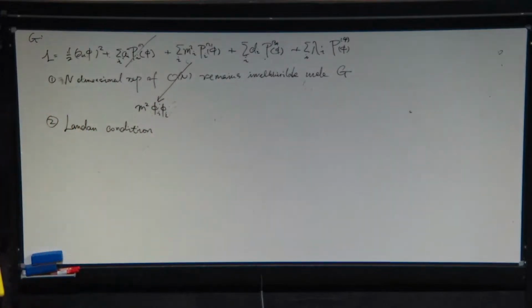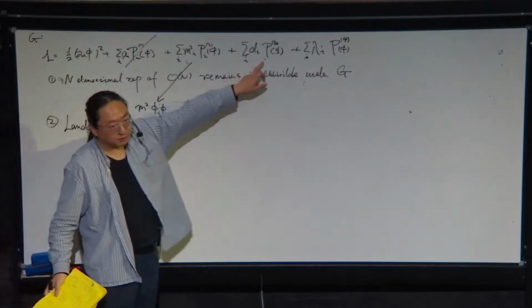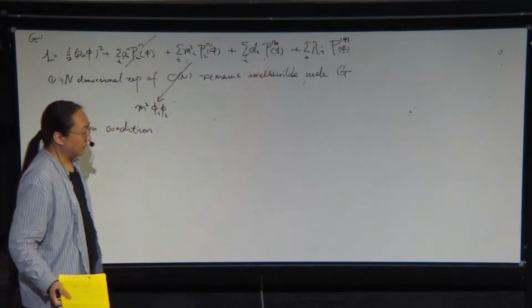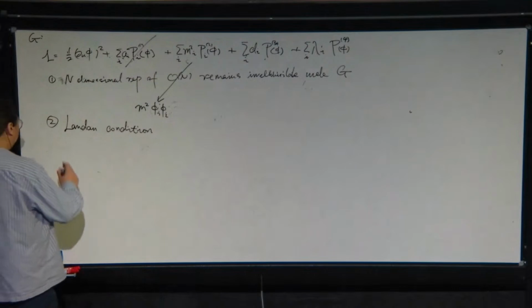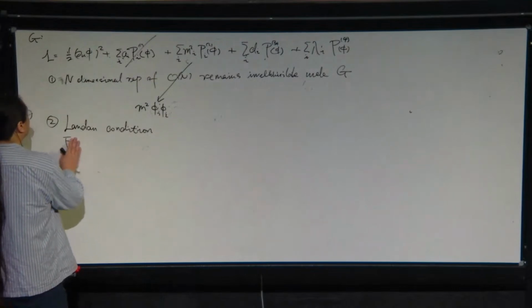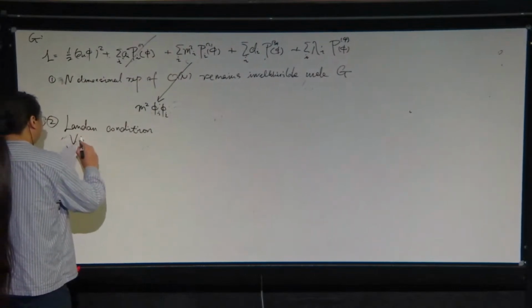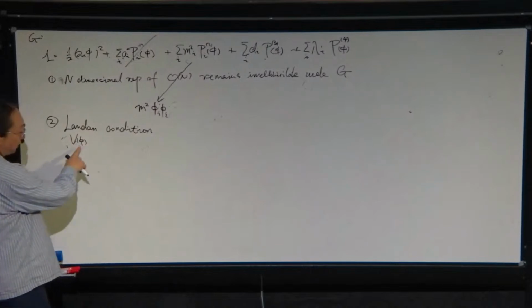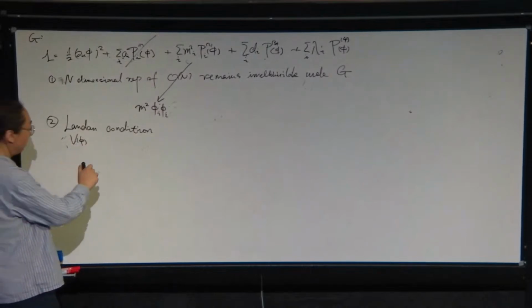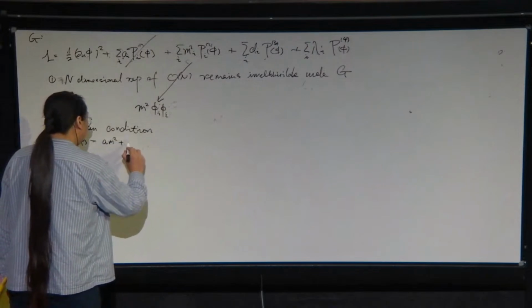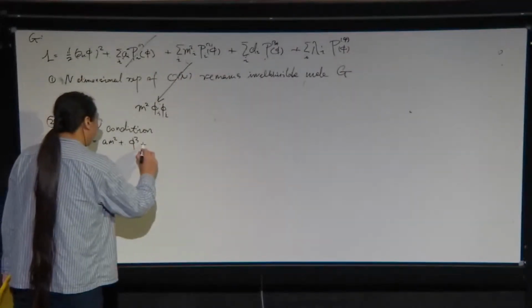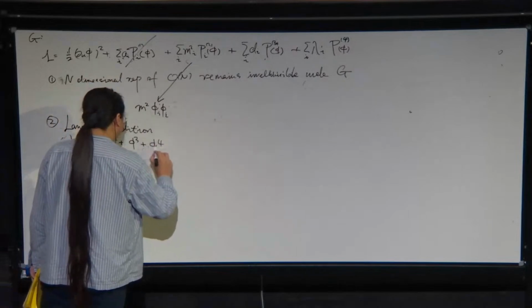Okay, the Landau condition basically tells us we don't want these phi cubed terms, but there's another way to understand how Landau had his intuition. Let's consider one single scalar for the moment. We draw something like a m squared plus phi to the third, phi to the fourth.